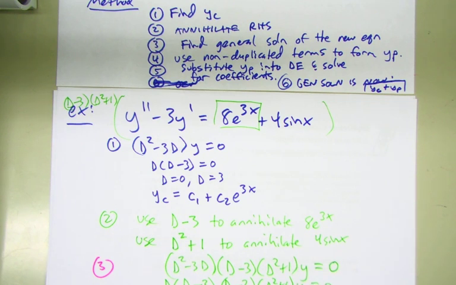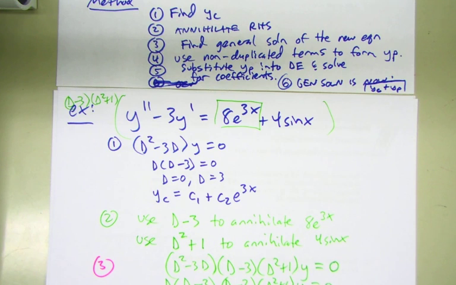And so from here, let's build the solution. So that was step 3. The general solution will be: this has a root of 0, so c1, plus d minus 3, that's c2 e to the 3x, plus another root of 3 here, so that would give us c3 x e to the 3x because we have a repeated root there, so we throw in the x.